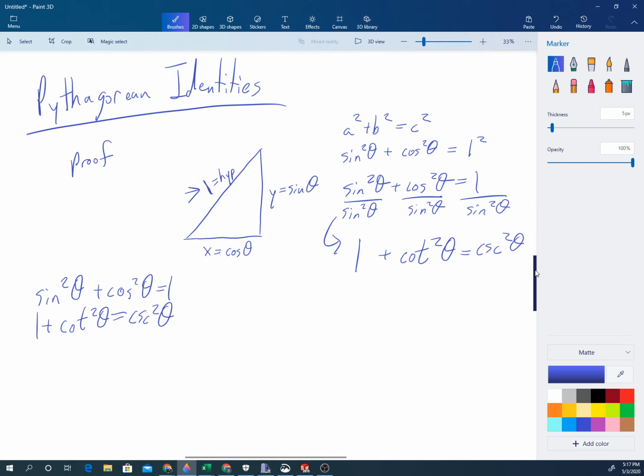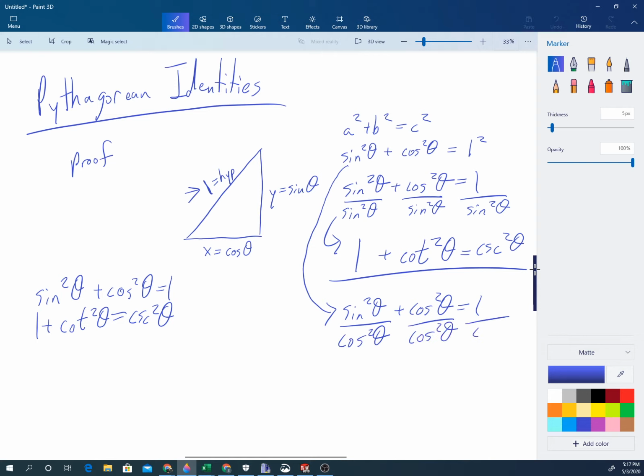And if I had chosen instead to take my original sine squared theta plus cosine squared theta equals 1 and divide everything by cosine squared instead, sorry, that last one's kind of sloppy.